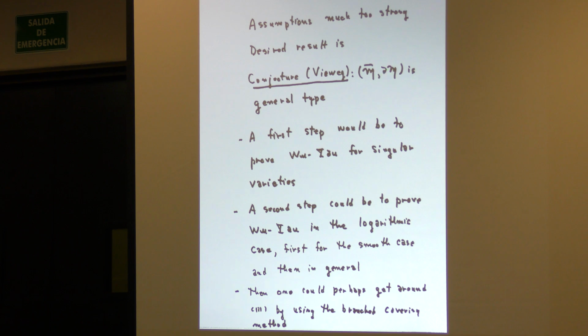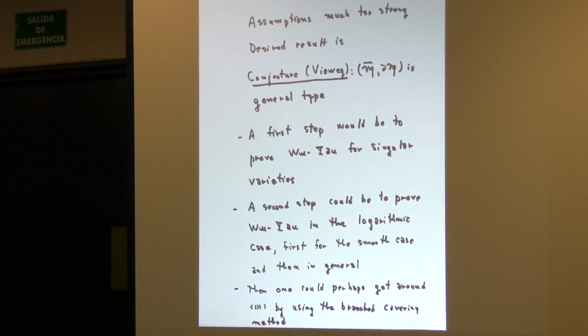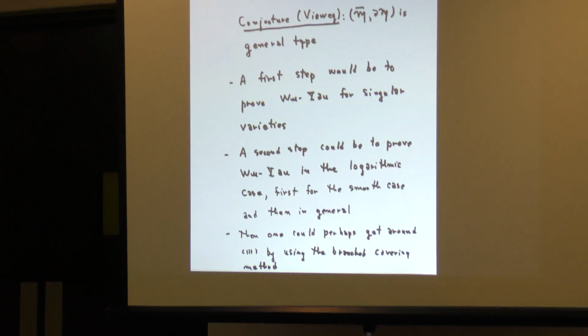So if you wanted to prove this, the first step would be to go back and prove the Wu-Yao theorem for singular varieties. Second step could be to prove it in the logarithmic case. Well, what the Wu-Yao theorem is for smooth algebraic variety, you could also formulate a similar type of question for the logarithmic case.